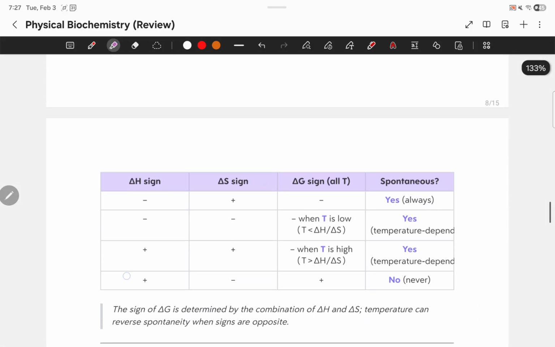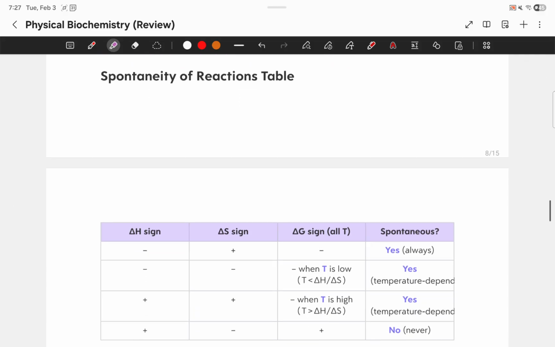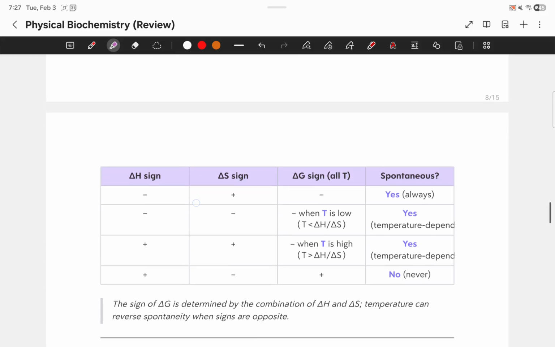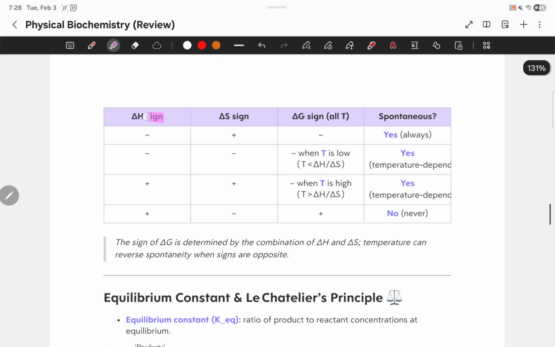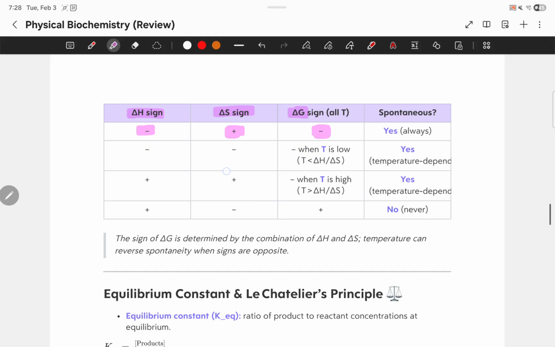Now let's talk about the spontaneity of a reaction, okay? So right here we have all the signs. If delta H is negative and delta S is positive, then the overall sign of delta G is going to be negative, okay?